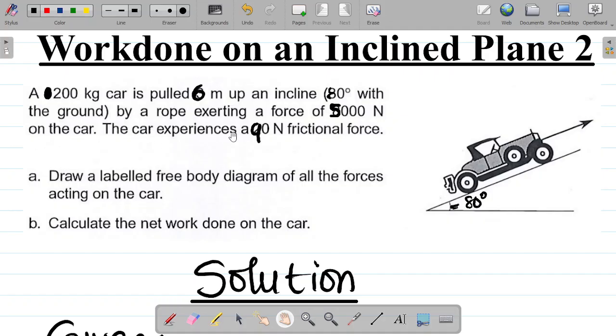The car experiences a 90 Newton frictional force. A says draw a labeled free body diagram of all the forces acting on the car. B says calculate the net work done on the car. So this is your own task here. Solve this question, leave your answer in the comment section, and I will tell you if you are correct or not.